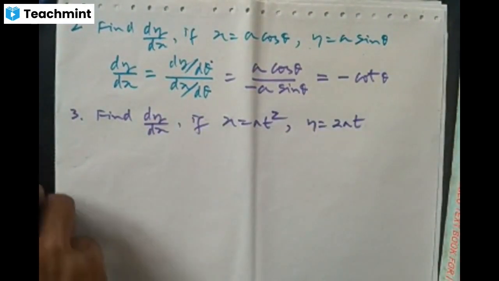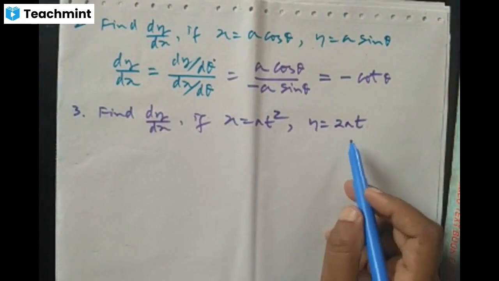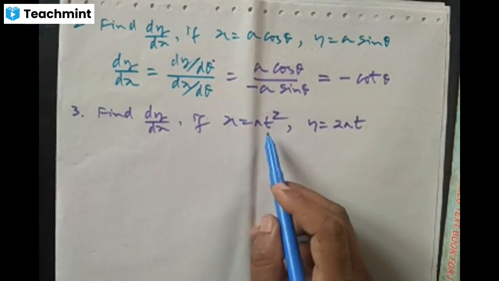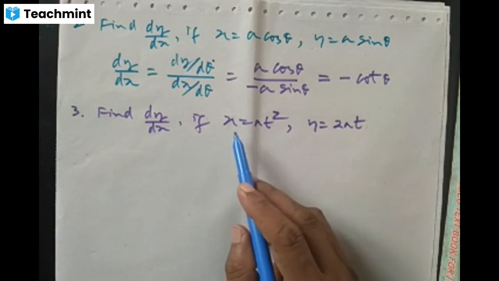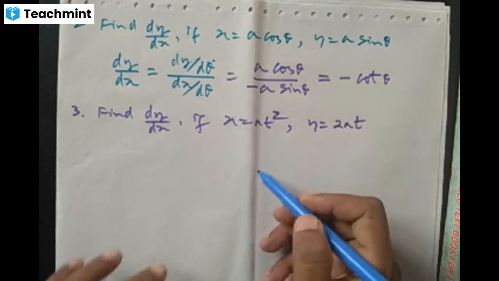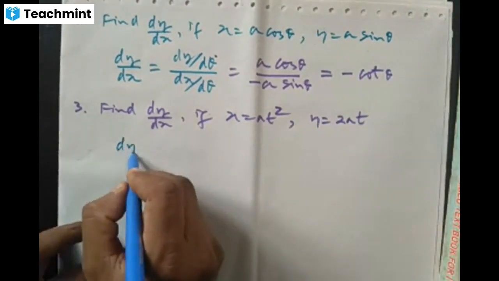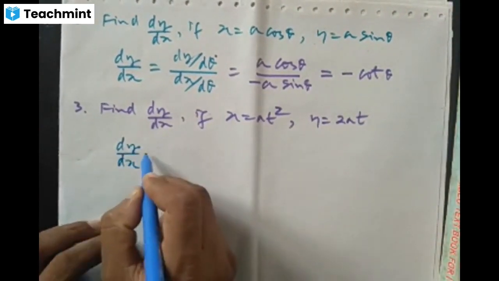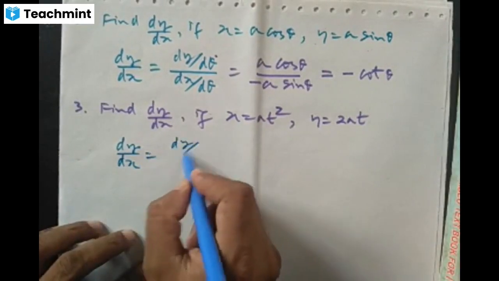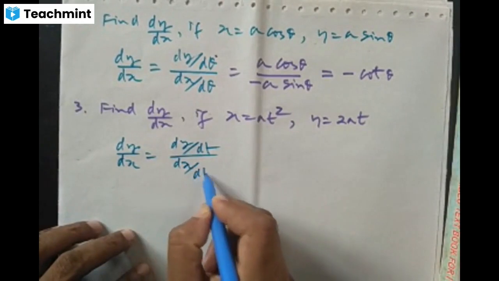Here t is the parameter, right? Both x and y are functions of t. So in order to find dy by dx, write the formula first. Dy by dx is dy by dt divided by dx by dt.